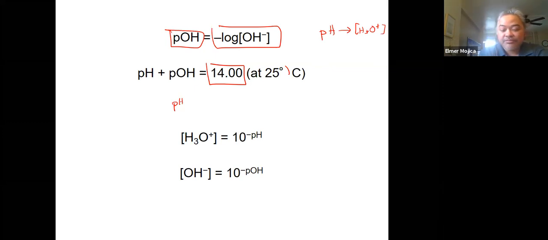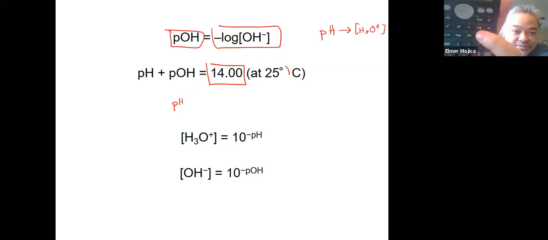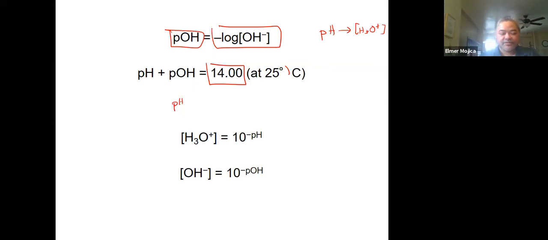The one that you have here, the inverse of that. Okay. And if you want to get the concentration of the hydroxide, if you have the pOH, then you just use 10 raised to the negative pOH.